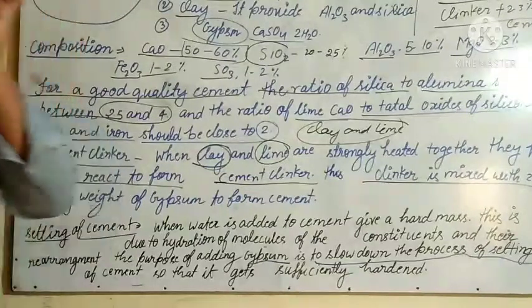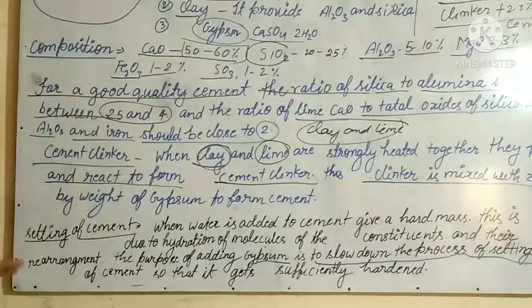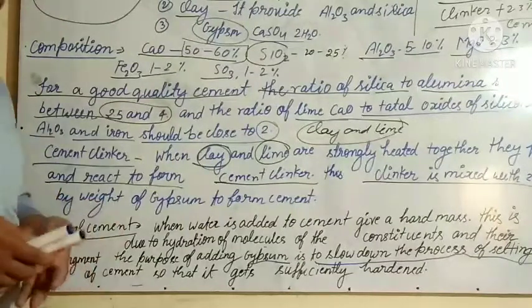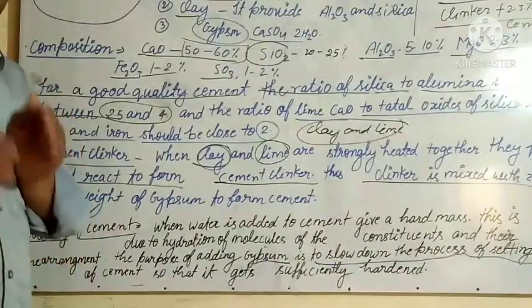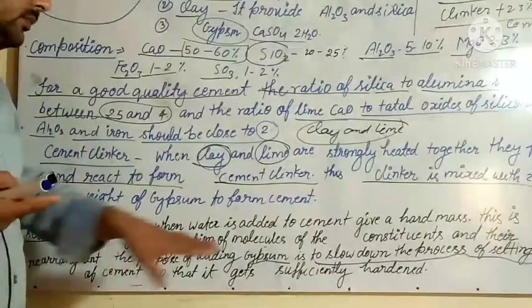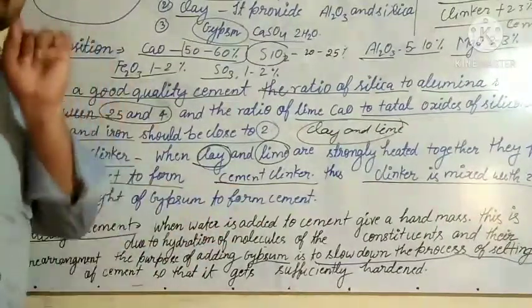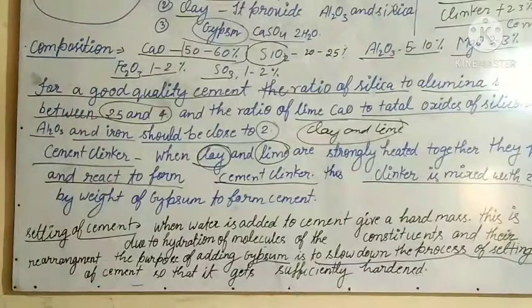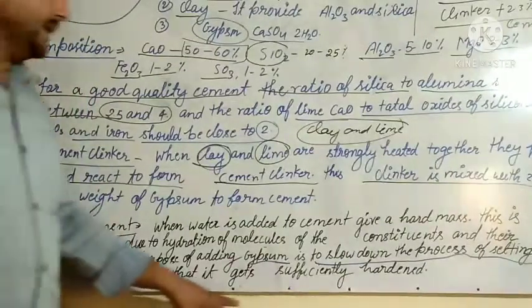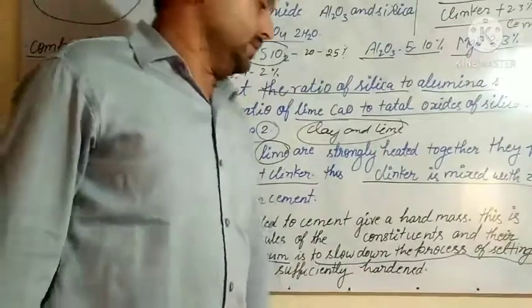Means we mix gypsum to make the cement stronger and slow down the process of setting, so that it gets sufficiently hardened.